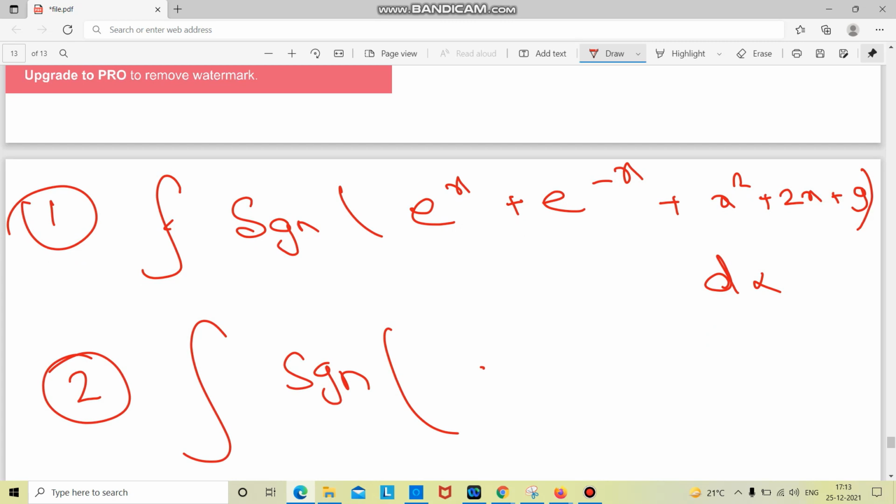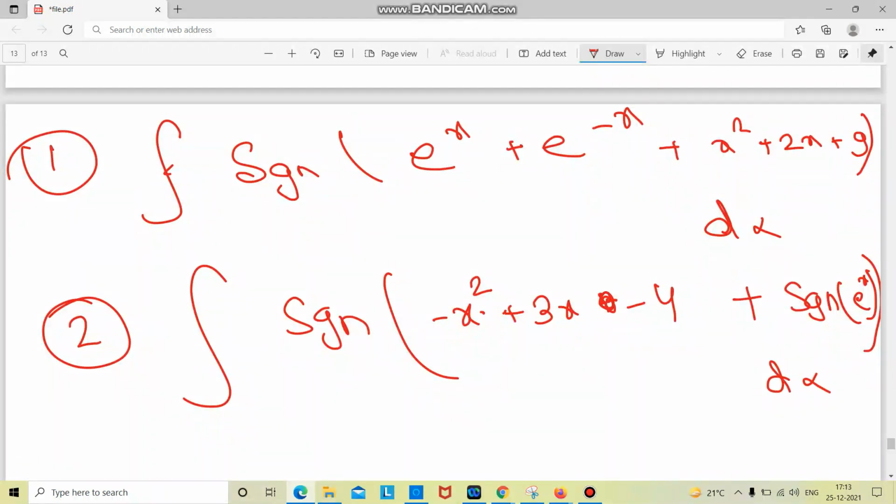Integral of signum of x square minus x square plus 3x plus minus 4, plus signum of e to the power x, dx.